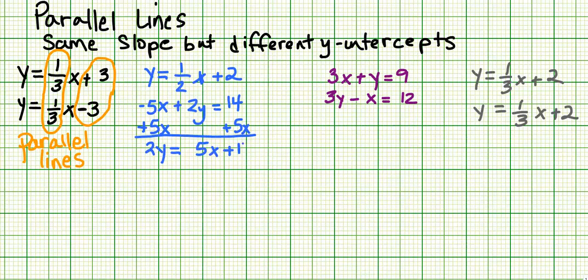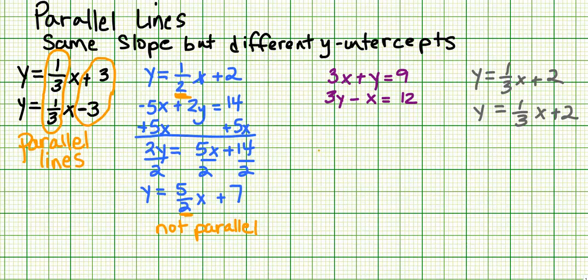And to get y alone, I'm going to have to divide by 2 because it's being multiplied by 2. I want to make sure I divide everything by 2. y equals 5/2 x plus 7. Now when I look at the slopes, I've got a slope in this line of 1/2 and a slope of this line of 5/2. Slopes are not the same. These lines are not parallel. They would cross each other somewhere if we were to graph them.